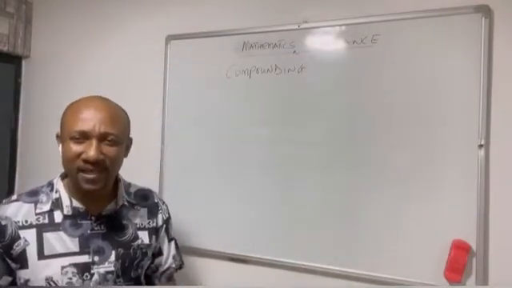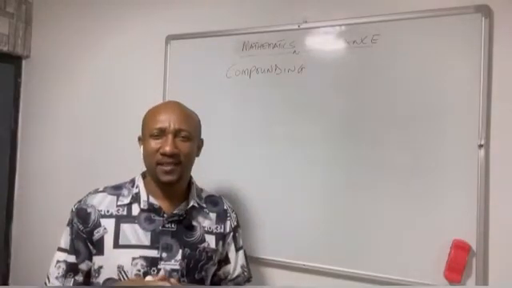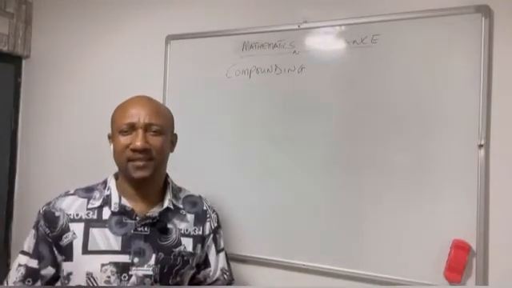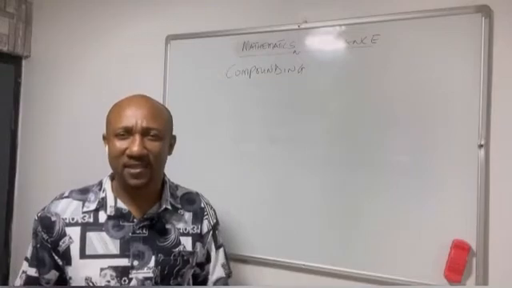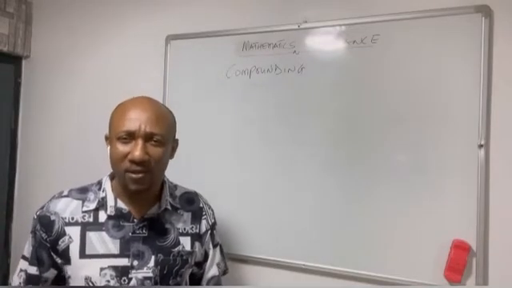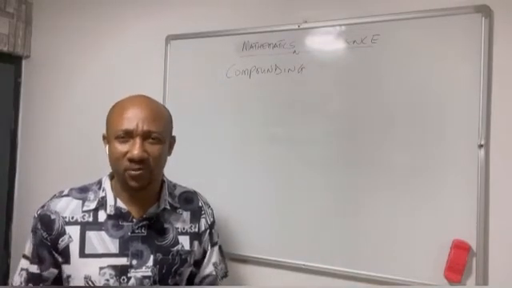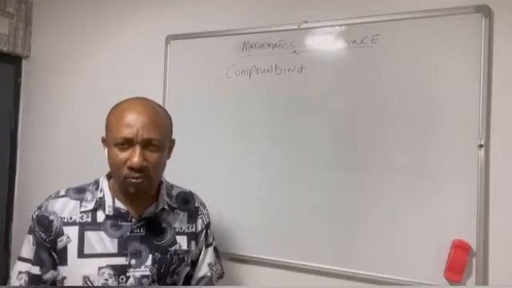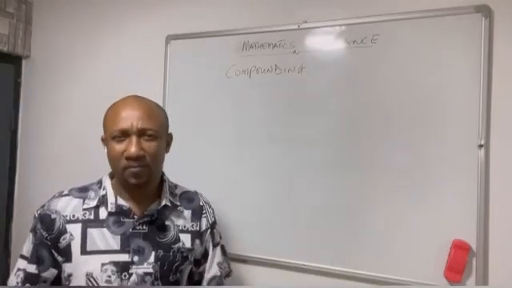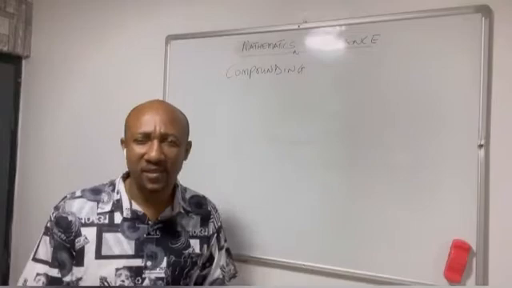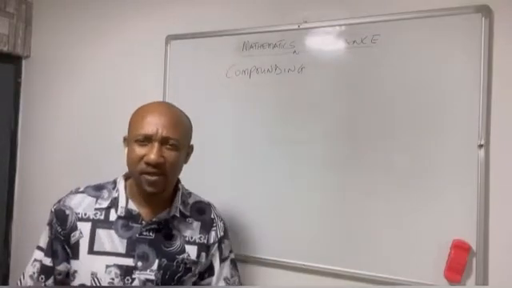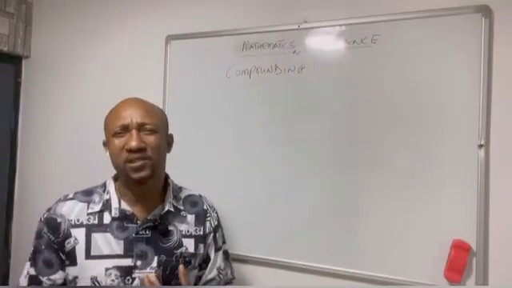Compounding is simply calculating what a certain amount that is invested or saved today will amount to at a future date, because that amount will earn what is called interest.